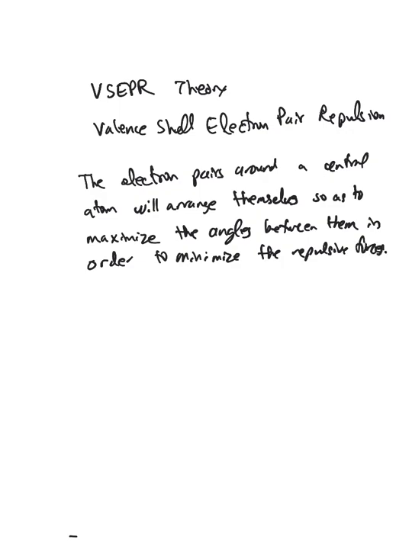Valence shell electron pair repulsion theory: the electron pairs around a central atom will arrange themselves so as to maximize the angles between them in order to minimize the repulsive forces. That's what it's all about.